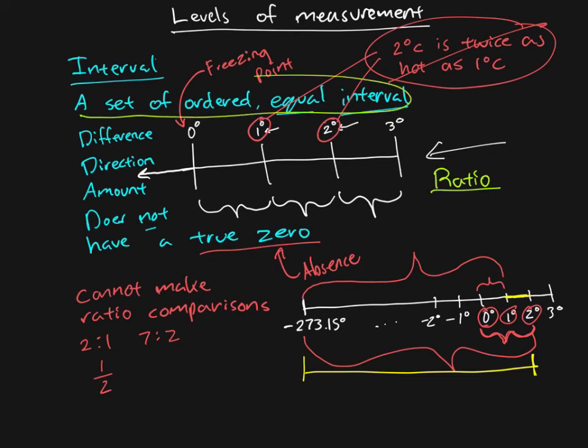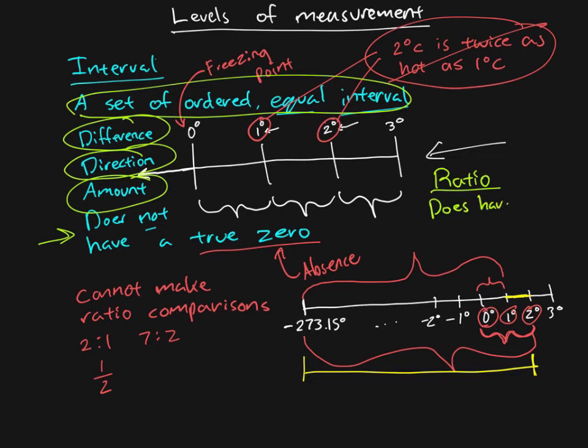You are able to tell that there is a difference between different numbers on the scale, the direction of the difference, and the amount of the difference. It is exactly the same as an interval level of measurement. The only difference is this right here, because a ratio scale does have a true 0.